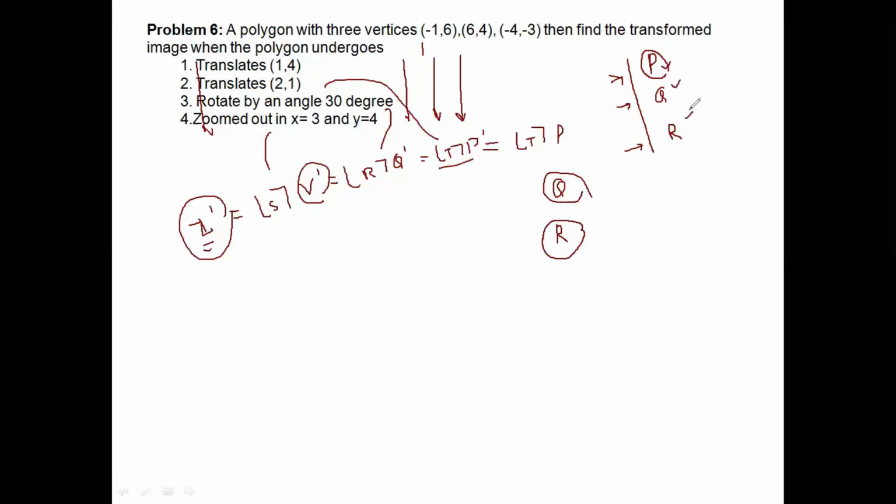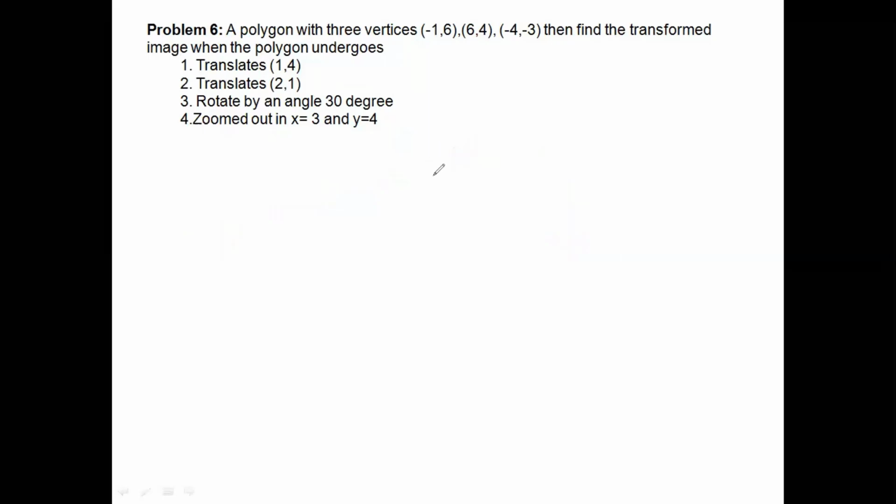So what will be the composite transformation of this problem? Here, first we have translated the object by 1, 4. You write the general matrix, then you put these values into that general matrix, but here I am writing the matrix directly to make this video short. So 1 0, tx value is given as 1 and ty value is given as 4, and then 0 0 0.